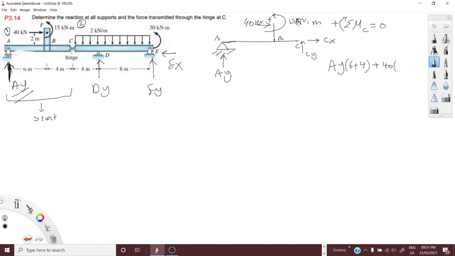Just expand the force, then go through it with C. It will be 40 times the distance of 2 meter, which is over here. So 2 meter. And we have a counterclockwise minus 15 kilonewton per meter equal to 0.